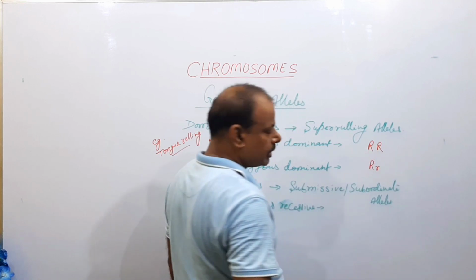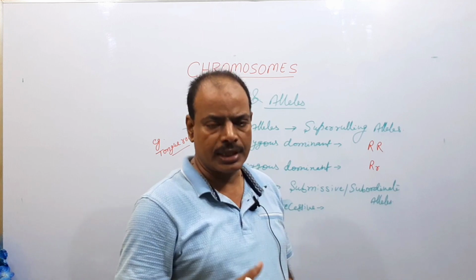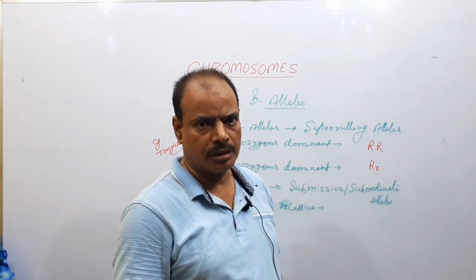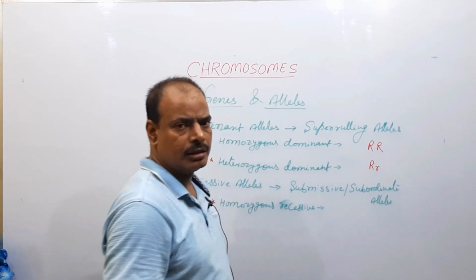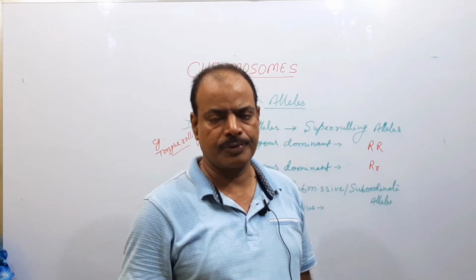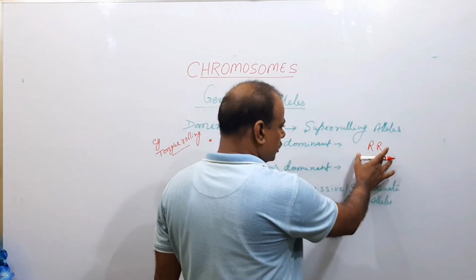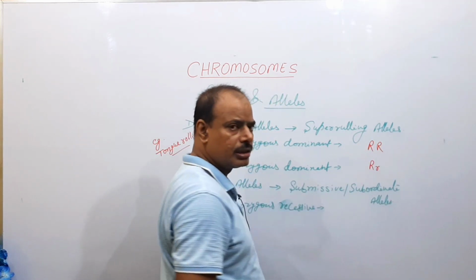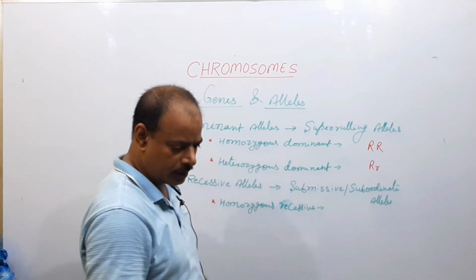Here capital R is the dominant allele which expresses itself in the organism, and small r is the recessive allele which can't express itself. So here if capital R capital R type of genes are present in the zygote, it means it is homozygous dominant.